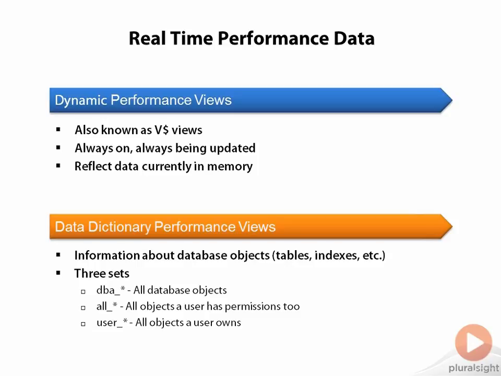The views that start with all_ will show data for all of the objects that the currently logged in user has access to. So for example, all_tables would show all of the tables that the current user has permissions to. The user_ views only contain data for the objects that the currently logged in user owns. In this case, user_tables would just list the tables owned by the current logged in user.